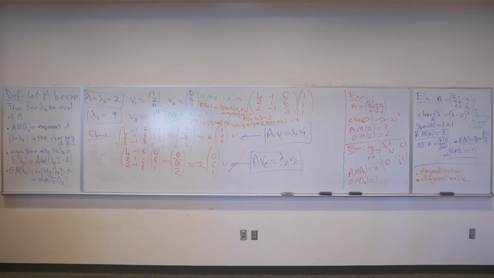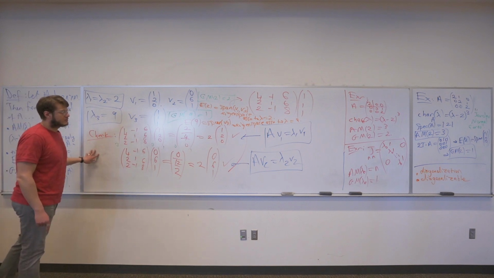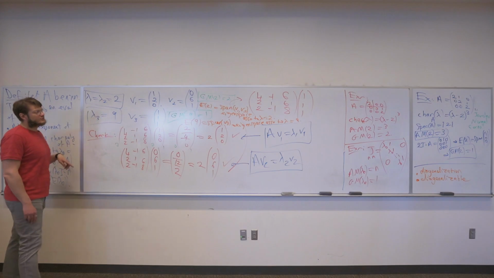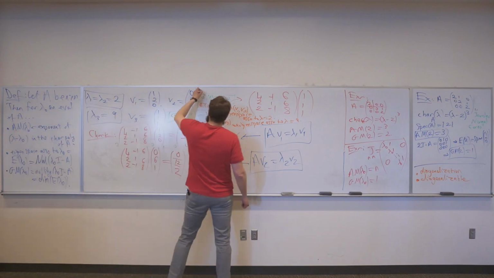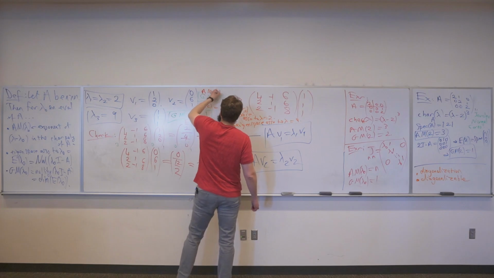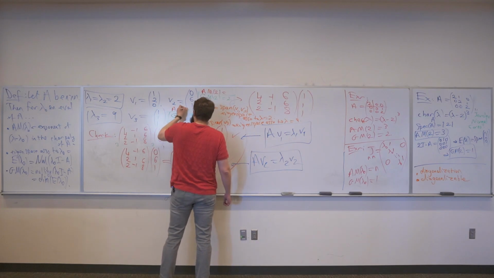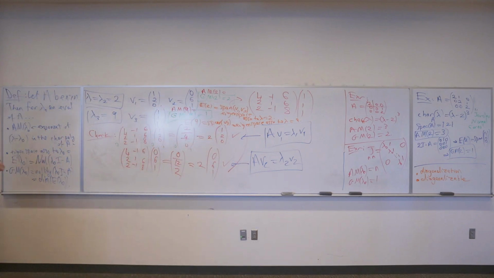Now, I want to go back to the example. I want to finish the discussion of it. In the example, remember, one of the eigenvalues was repeating, but AM of 2 was 2 also. And AM of 9 was 1. So GMs were maximum possible.